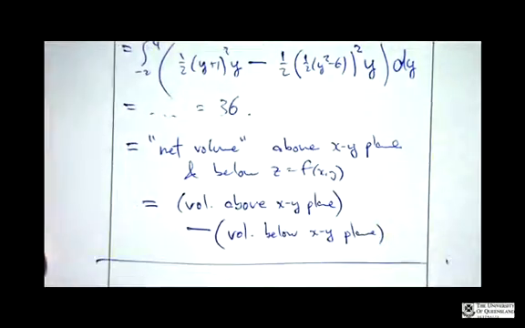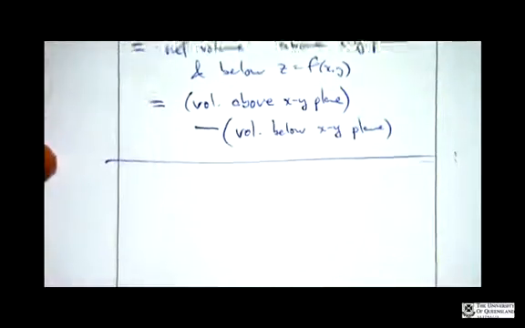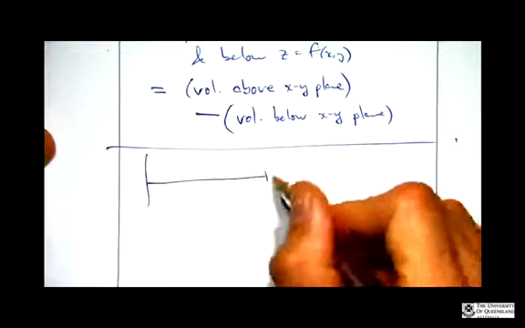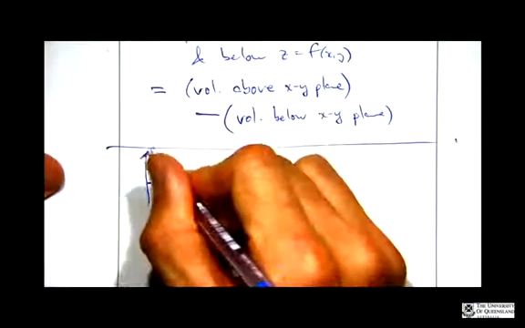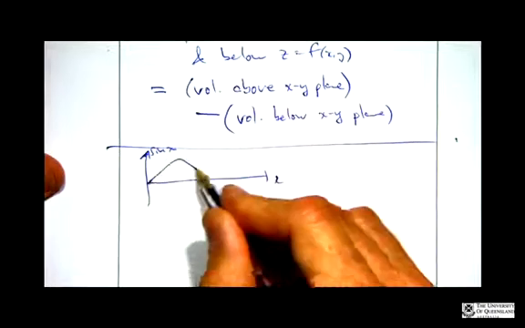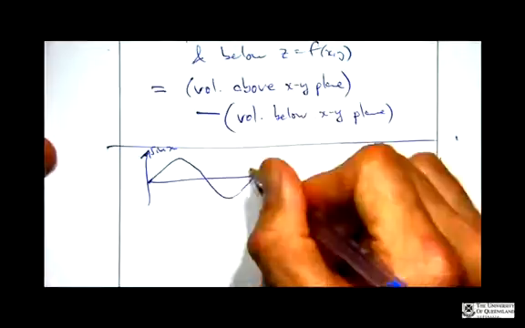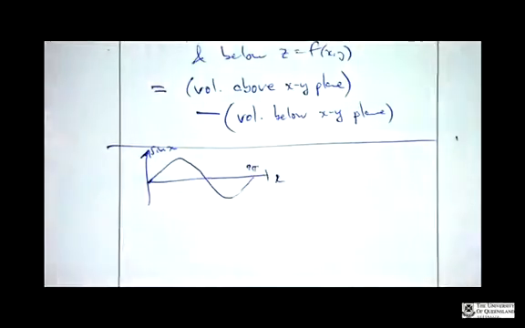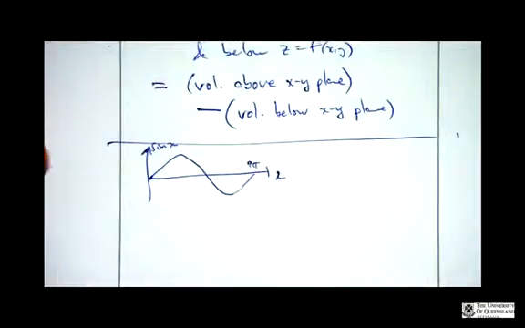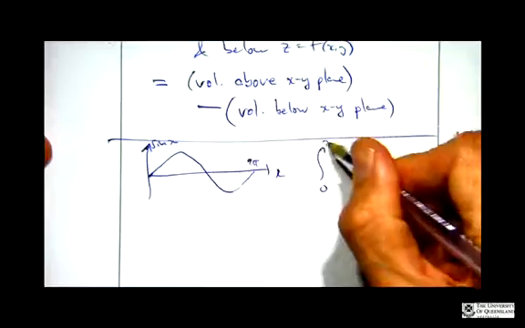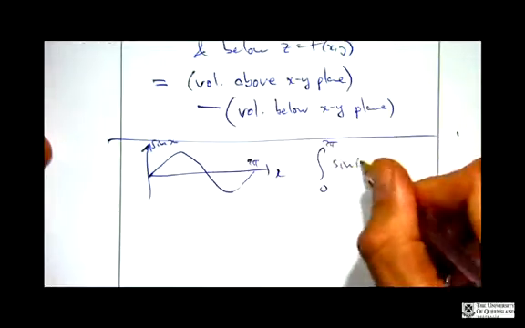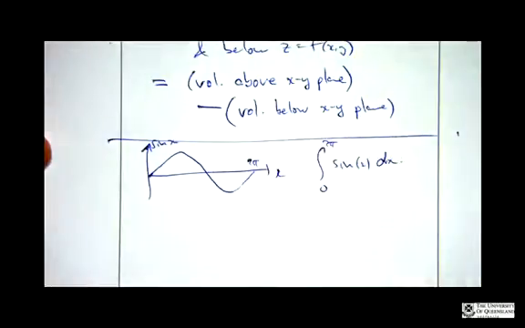Okay, let me just draw a parallel with something you're familiar with. Consider the graph of sine x. Just a really rough diagram here, but consider the graph from 0 to 2 pi. And if we integrate sine x with respect to x from 0 to 2 pi, you know we get 0.